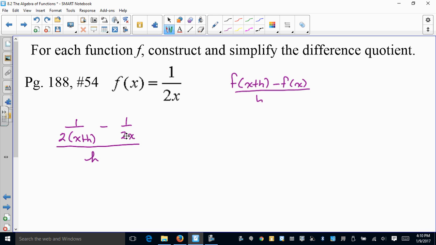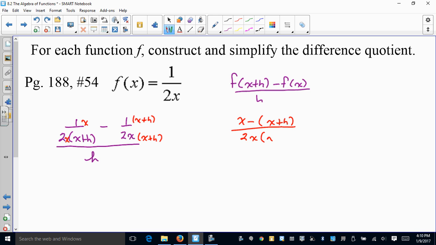So 2 times x plus h, I need an x plus h over here. So I multiply by x plus h. And over here, I just simply need the x. So I multiply top and bottom by x. So I now have x minus the quantity of x plus h all over 2x times x plus h.